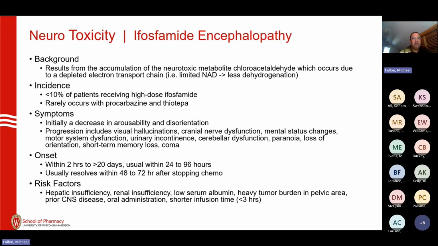So for ifosfamide, this drug has been given less, which is really nice. We have a lot more agents that have been able to replace this in lymphoma and in sarcoma, but it is still commonly used in sarcoma, and once in a while we'll give it in lymphoma.